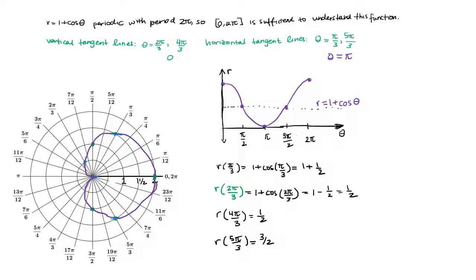So you can see that having the derivative, especially where it's 0 or horizontal, can help us fill in our plot. Of course, graphing applications are really important and helpful if we want to graph polar curves like this.